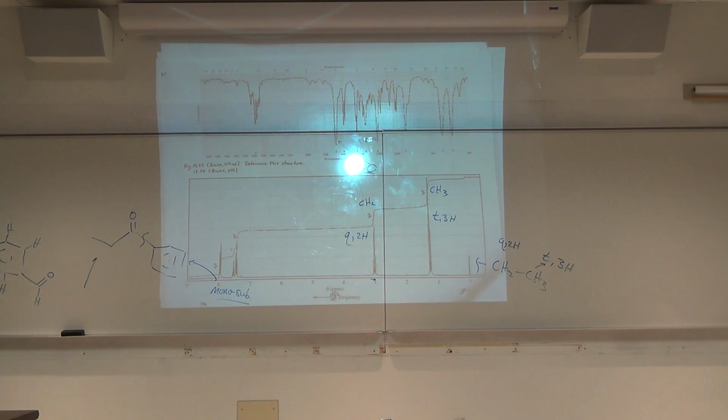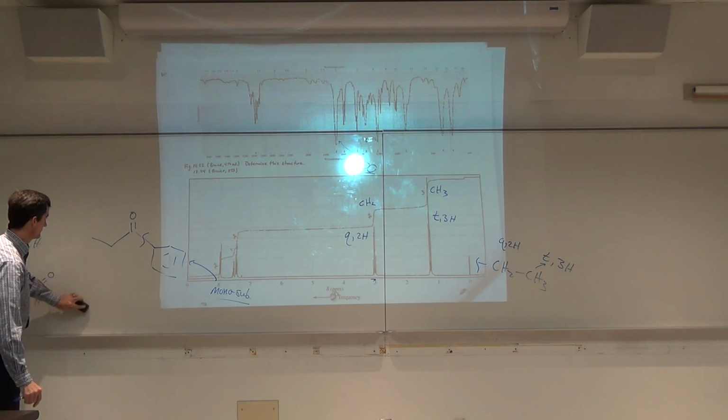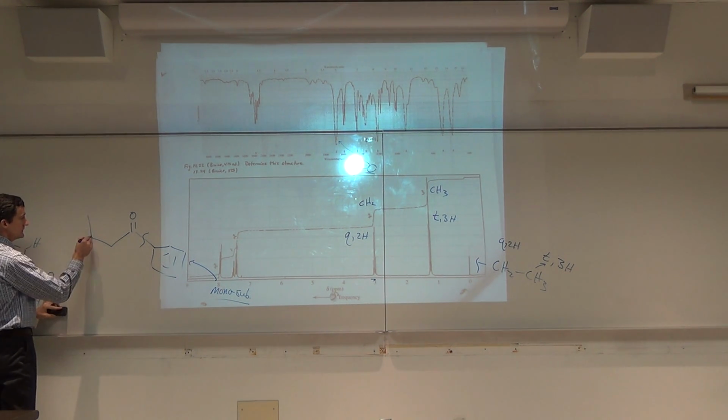Okay, there's a couple others to work. At this point, you need to also be looking at the ones in the workbook, which are even more comprehensive. They include carbon NMR, they include mass spec. But we just did that without a formula, right? Do you think there's more carbons? You want to add some more here?